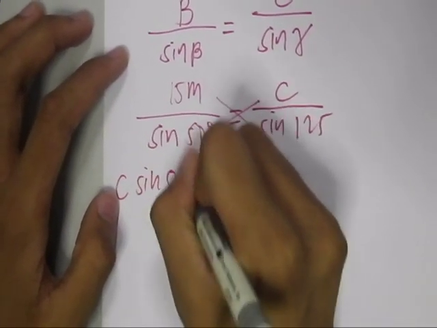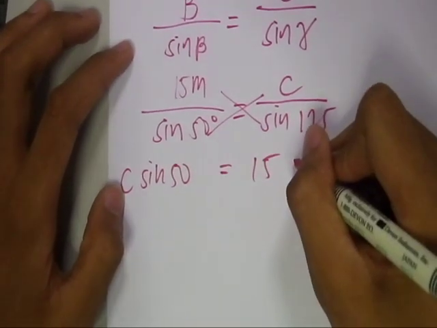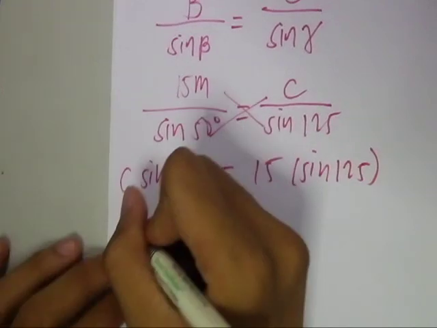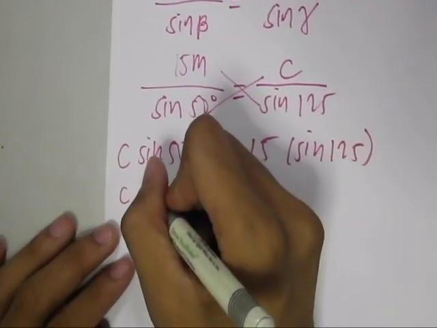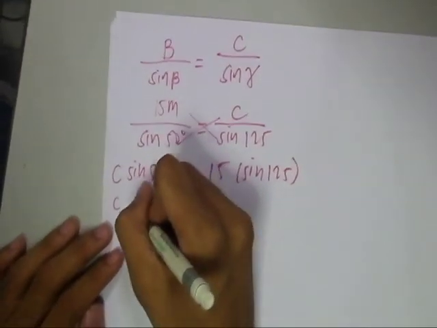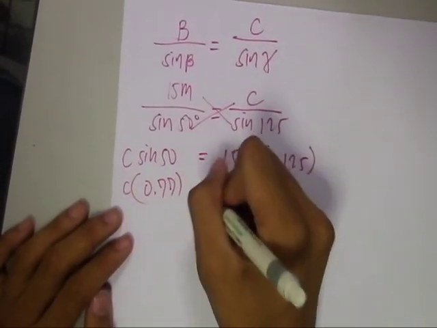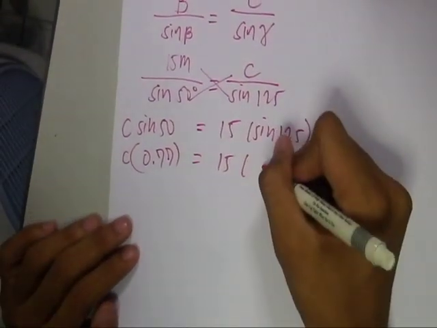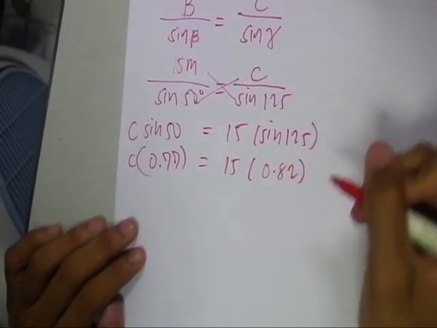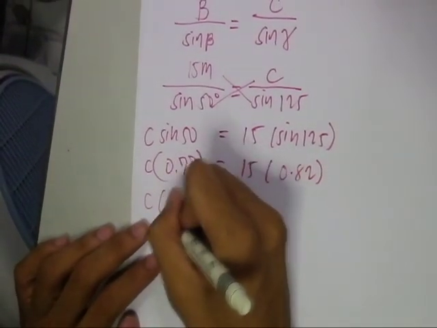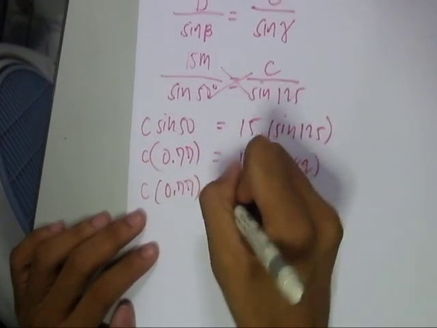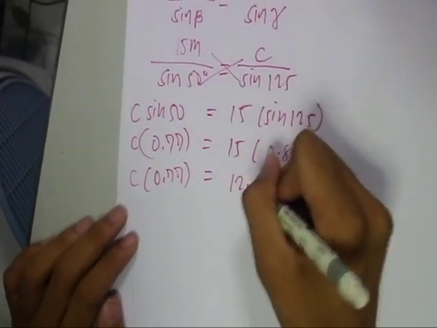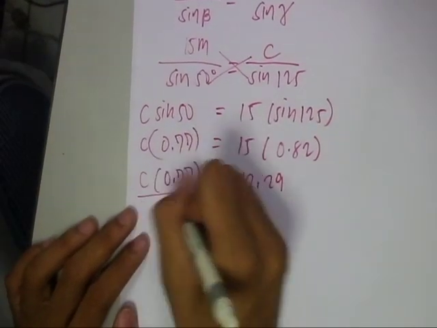C sine 50 is equal to 15 times sine 125. C times sine 50, which is 0.77, is equal to 15 times sine 125, which is 0.82. 15 times 0.82 is 12.29.